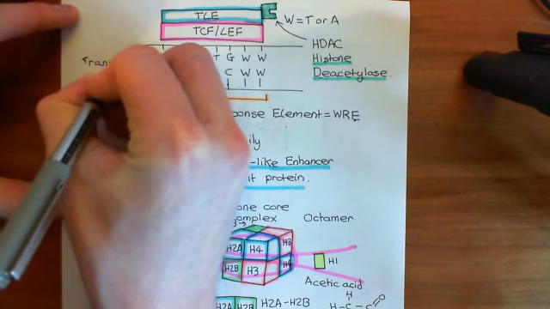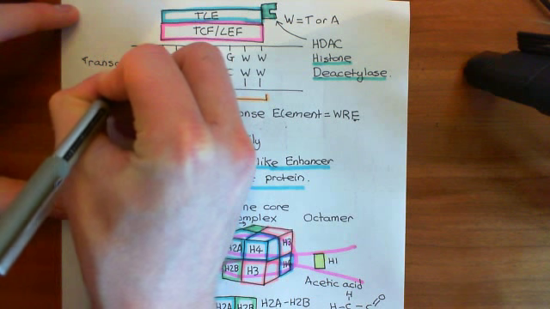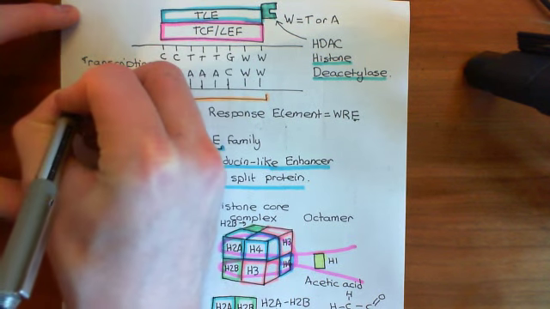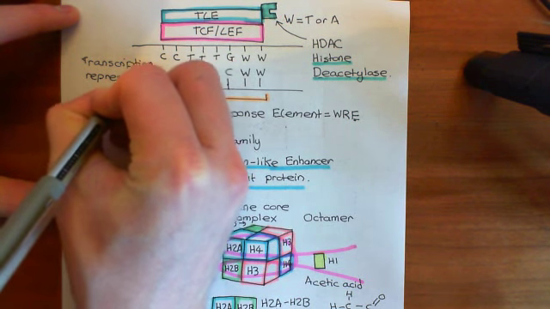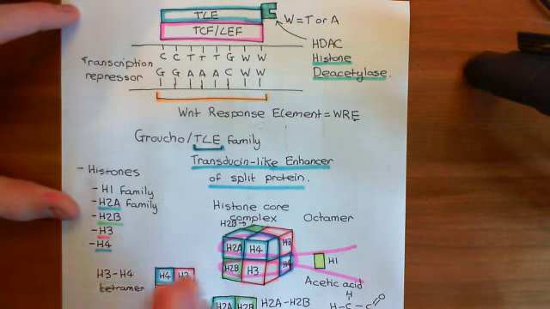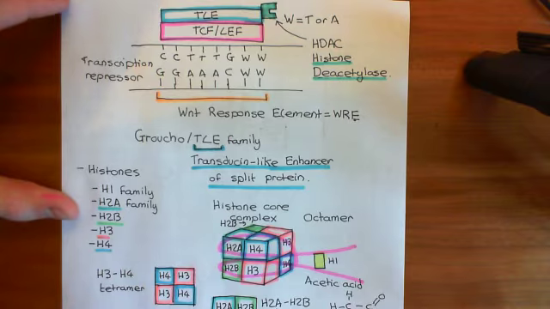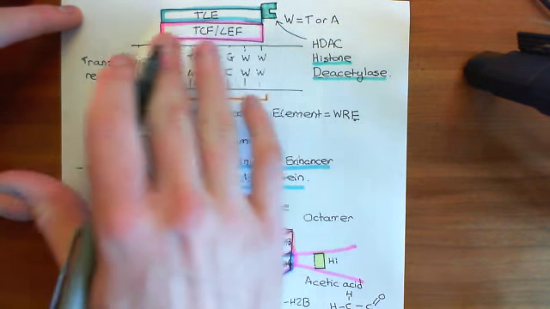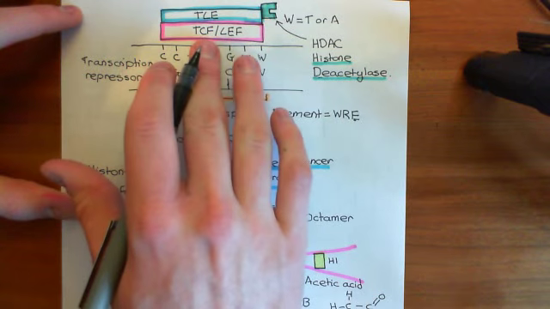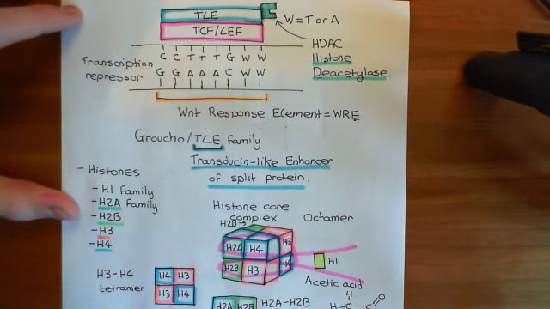Remember, transcription factors can be enhancers and also repressors. They can either increase the expression of the downstream gene by increasing its transcription, or decrease it by decreasing its transcription. And we've now seen a mechanism by which this transcription factor is going to decrease the expression of the downstream gene.